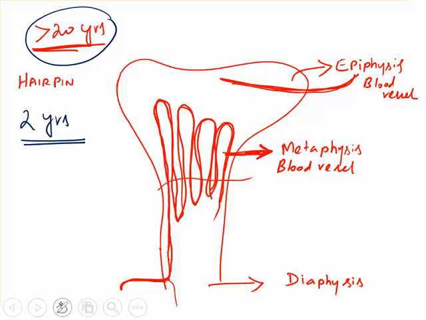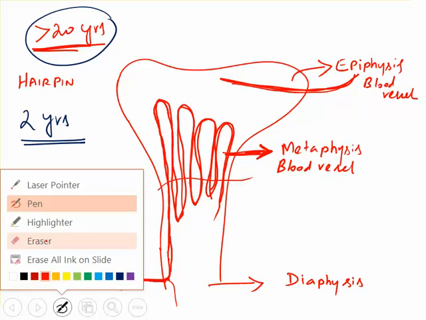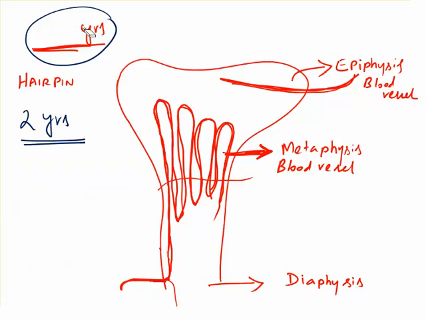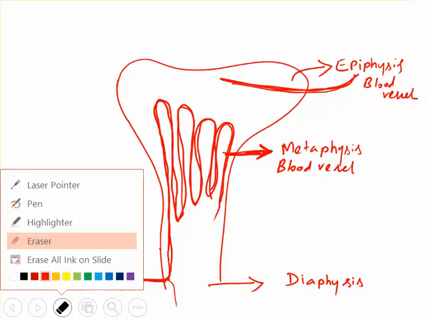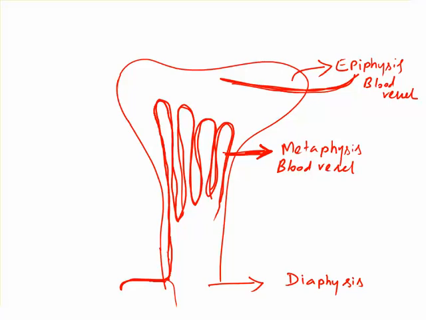Now let us take green color. The infection most of the times travels in the blood. The bacteria travels in the blood and it can enter the bone.